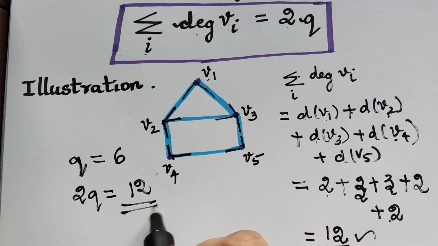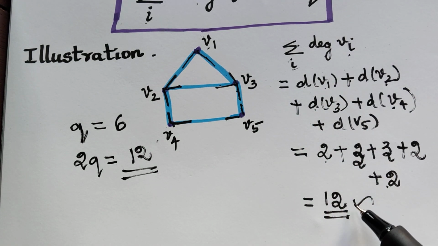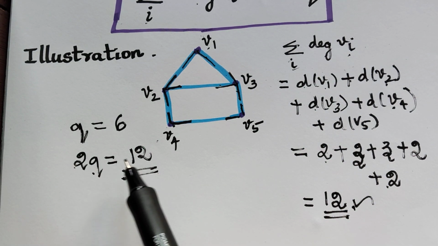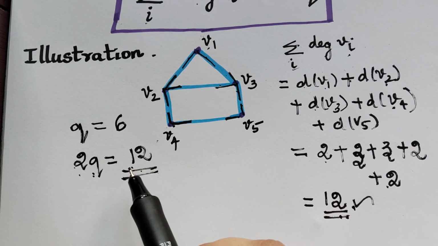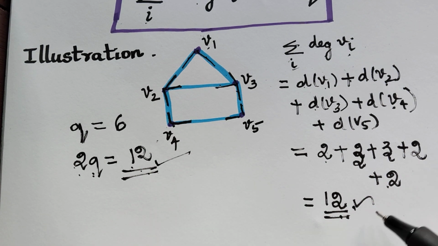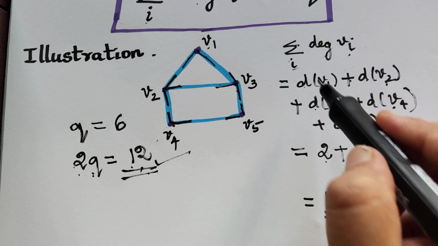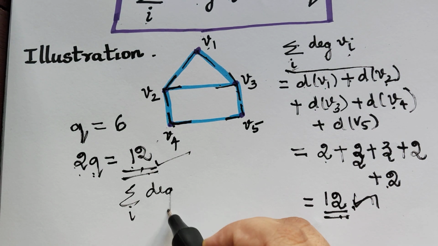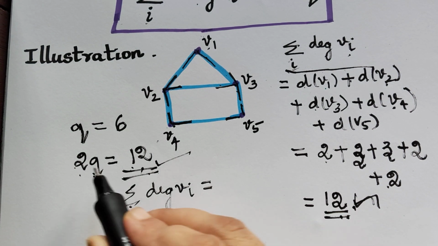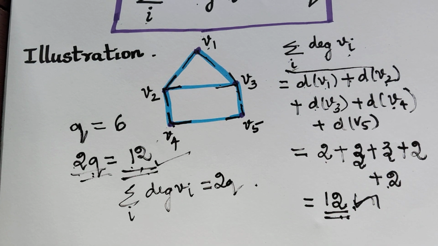So we observe that the sum of the degrees of Vi was equal to 12, and 2Q is also equal to 12, that is, both are the same. So therefore we can say that summation over i of degree of Vi is equal to 2Q, and hence we have proved the theorem with this illustration.